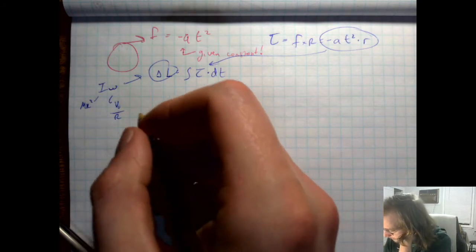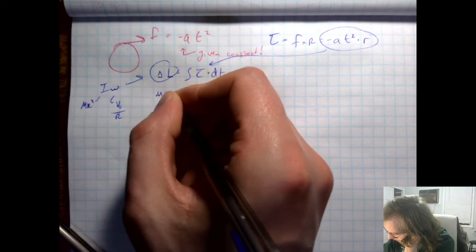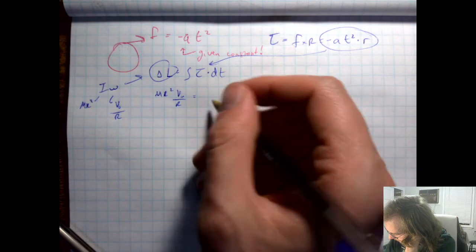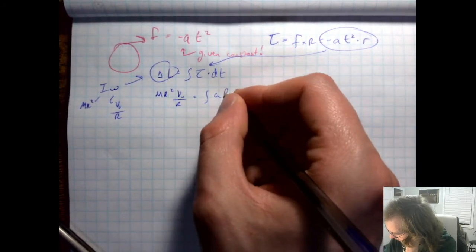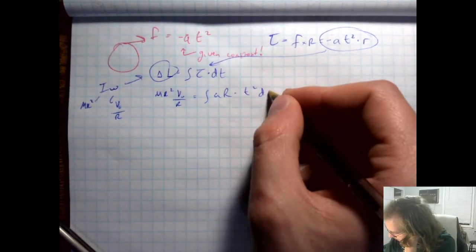So, plugging that all in, we'll get m r squared v naught over r equals the integral of a constant times r times time squared dt.